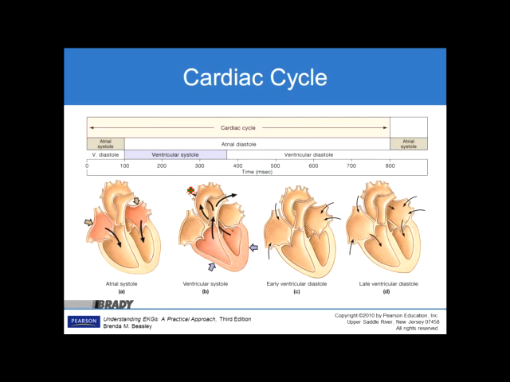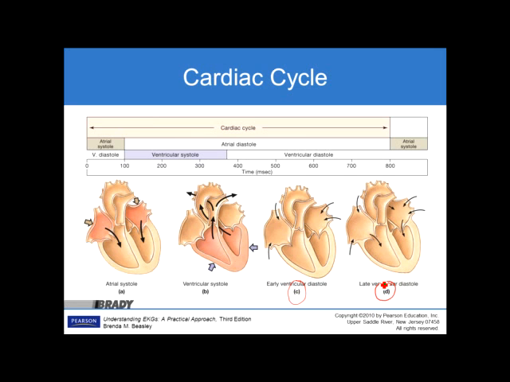Now, we're going to look at this in multiple phases here, and I'm probably going to have to clear the board from this digital pen. So we're going to start here with early and late ventricular diastole. So this is the relaxation that is occurring.